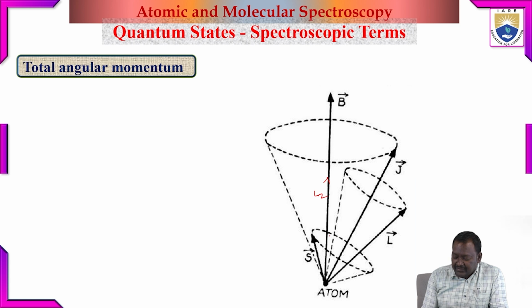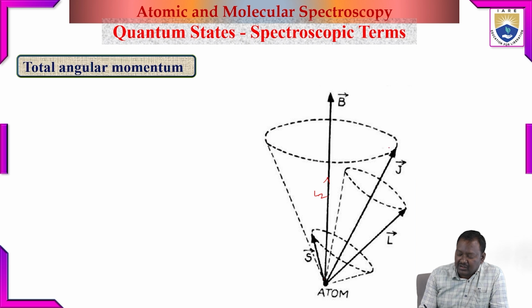And again here, after considering the spinning of the electron, this is the vector representing spin angular momentum. So it makes some angle like this. After adding the orbital angular momentum and spin angular momentum of a particular electron in an atom, it gives a total angular momentum J bar in this direction.